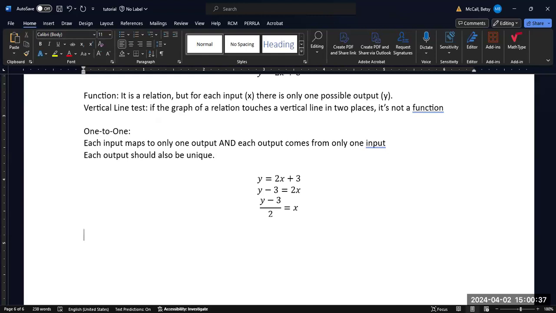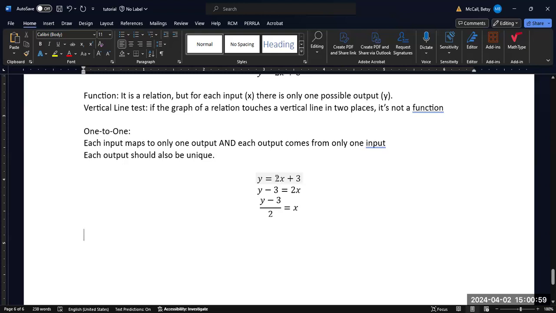And in this kind of relationship, what this is telling me is that if I pick any y value as my output, and then I subtract 3 from it and divide by 2, there's no way to duplicate that. There's no way to multiply the number of inputs that I would get that correspond to that. There's only one output that is possible.